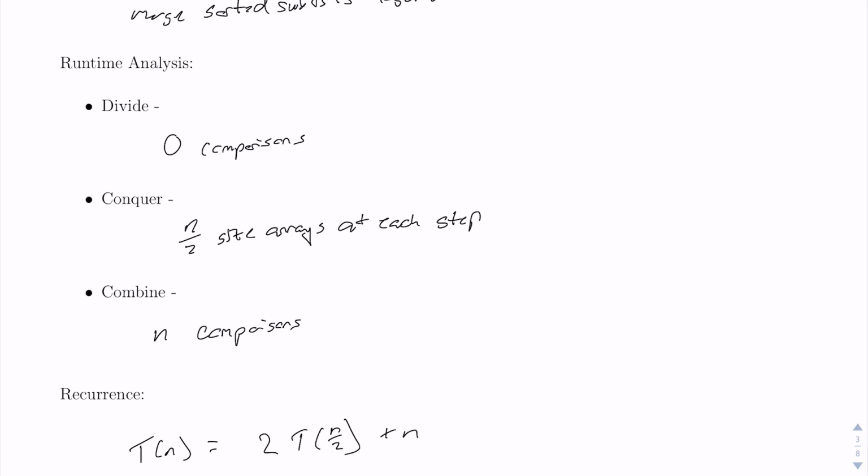For the most part, it shouldn't matter. Usually people don't write D of n because you can combine D of n and C of n into just one function, f of n. So you don't have to write it like this, and we won't expect you to write it like this on a test or anything.